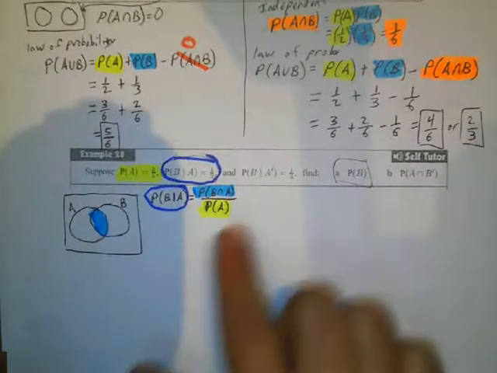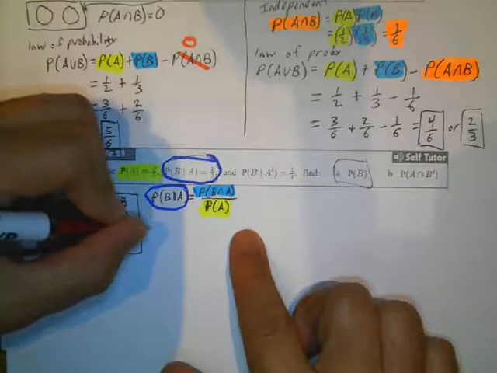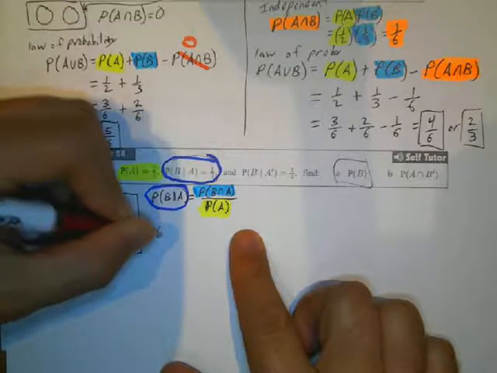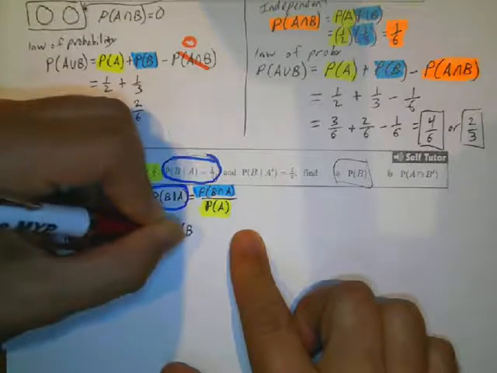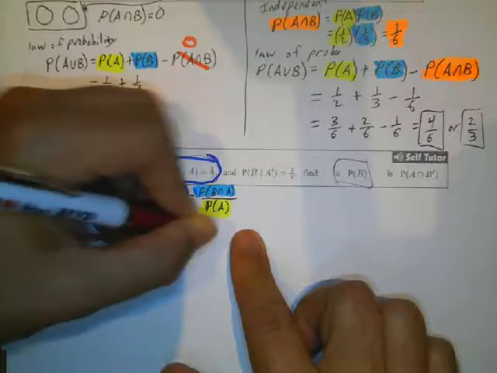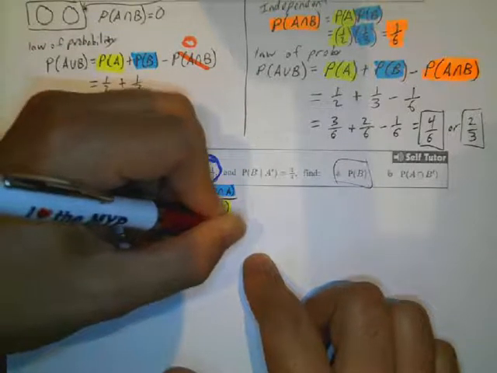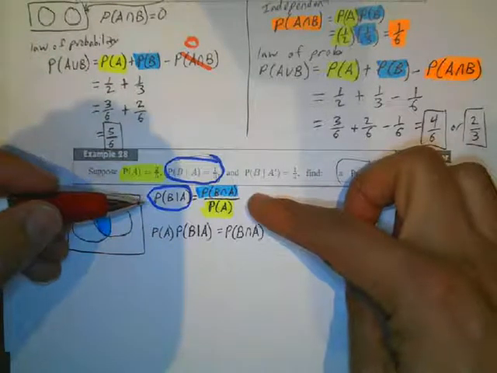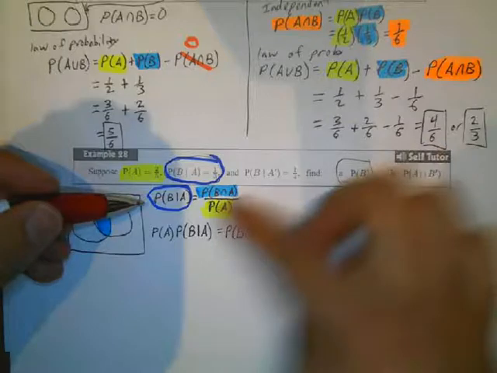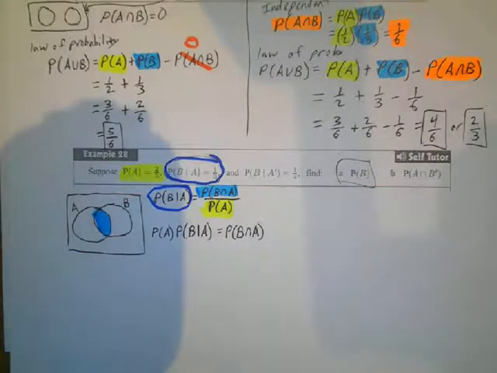So if I multiply the yellow value on both sides, then I get the probability of A times the probability of B given A is equal to the probability of B intersection A. I just took this equation and multiplied the yellow value on both sides of the equation so that we can solve for this value here.